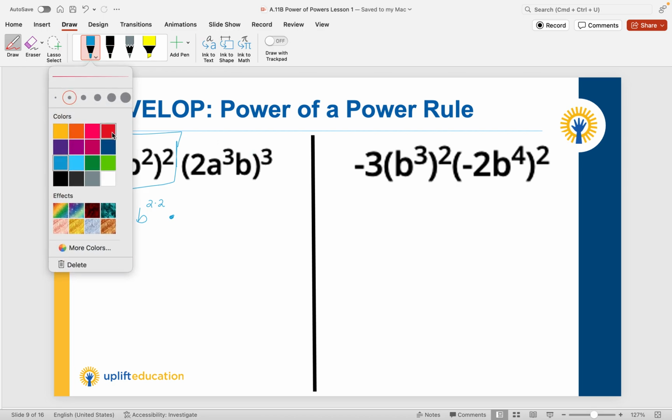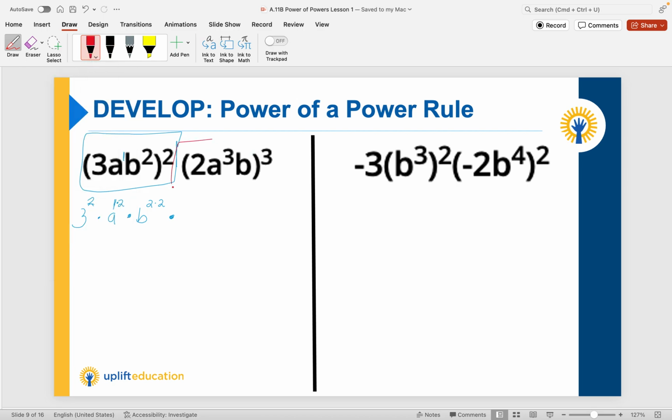So we're going to do the other side, which is this part right here. And so now this one is saying 2 to the third power times a 3 times 3 and b 1 times 3, because there's an invisible 1 right there.